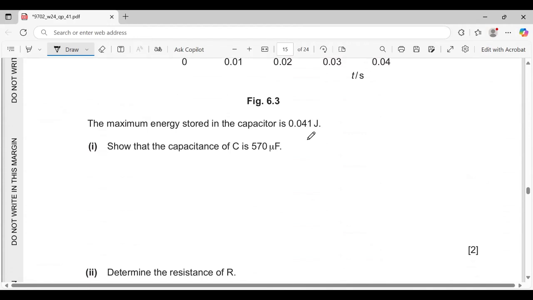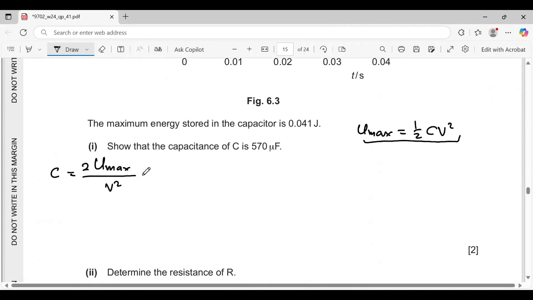So this is the U max. For this question, show the capacitance of C is 570 mu farad. I would like to use the formula U max equals 1/2 C V squared. Now I would like to rearrange this formula so C is the subject. The formula becomes C equals 2 times U max over V squared.